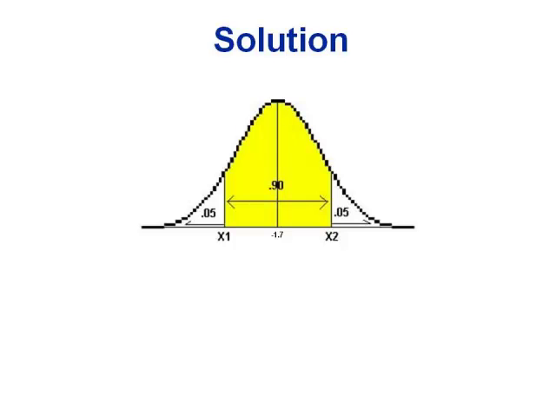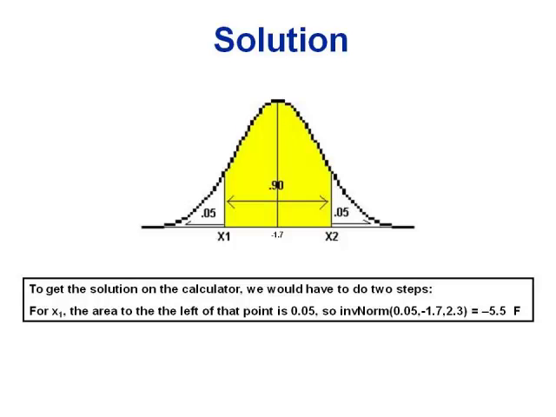So I've got 5% on the left and 5% on the right, so that all adds up to 100. So looking at that picture then, to the left of the first cutoff is 5% or 0.05. So to calculate that, we'd put in inverse norm 0.05, the mean and the standard deviation, and then we find that the first cutoff on the left is negative 5.5, which makes sense because that would be to the left of negative 1.7.